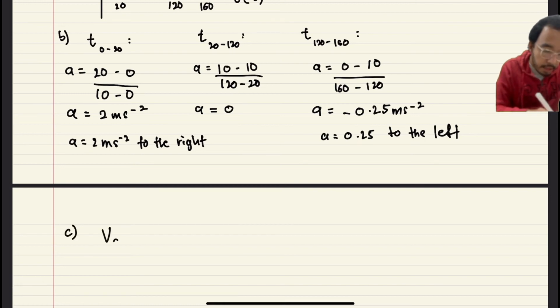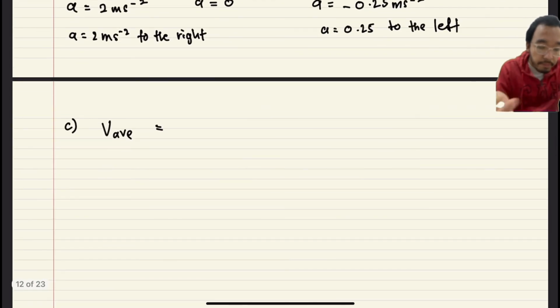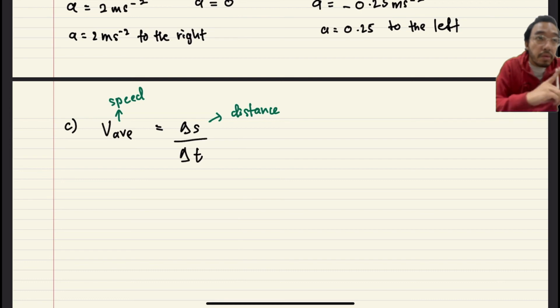So for C, v average is actually equal to total displacement. This one is speed, right? For speed, it is total distance divided by total time. So since this one is speed, you have to use distance, and this one is total time.